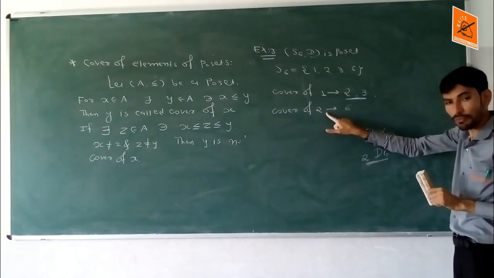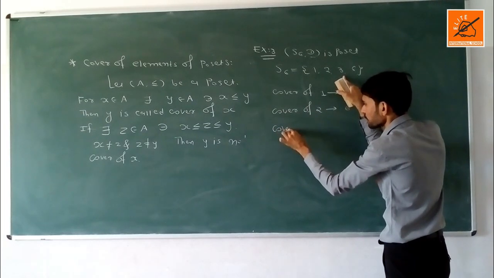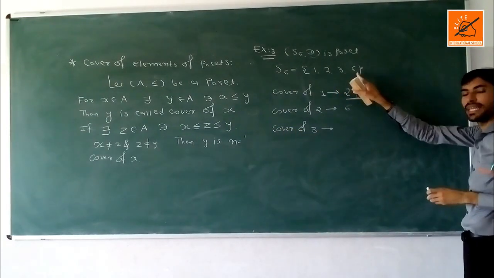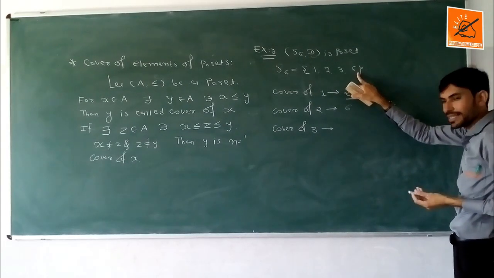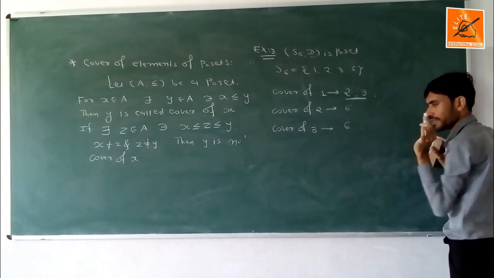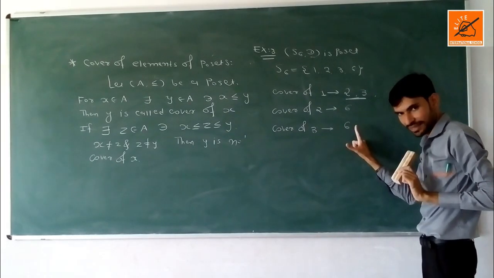So 6 is the cover of 2. Now the last element is the cover of 3. 3 only divides 6, and 3 is directly related with 6. So the cover of 3 is 6. So the cover of 2 and 3 both is 6.